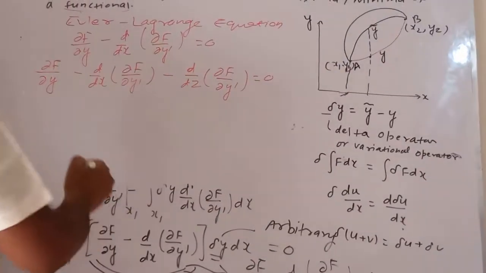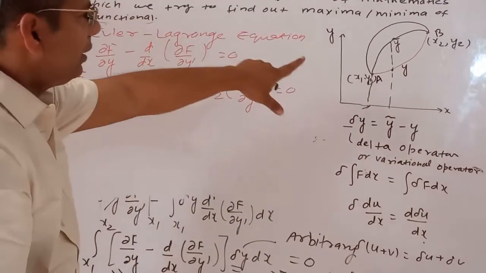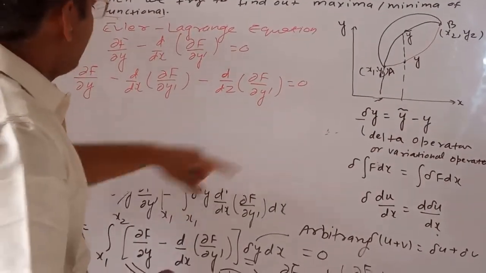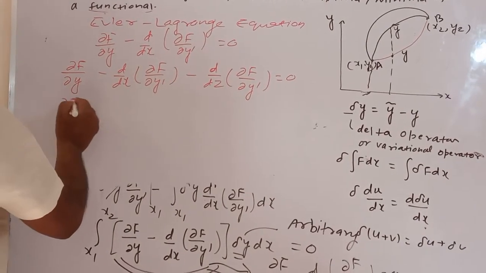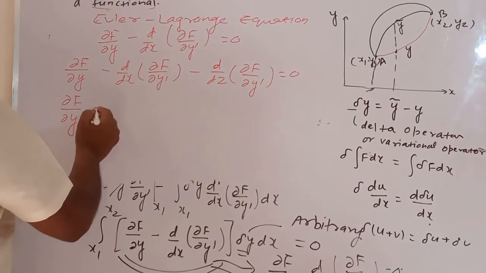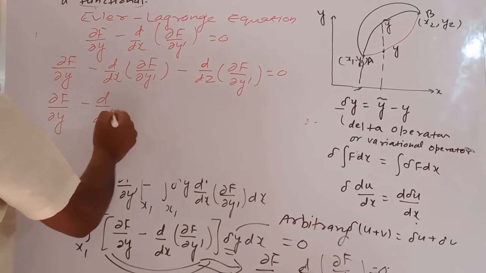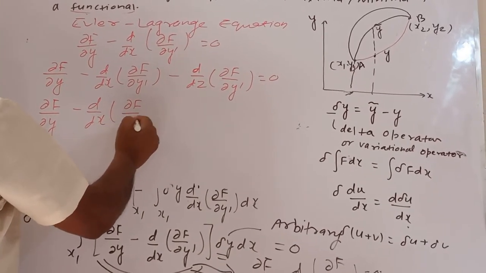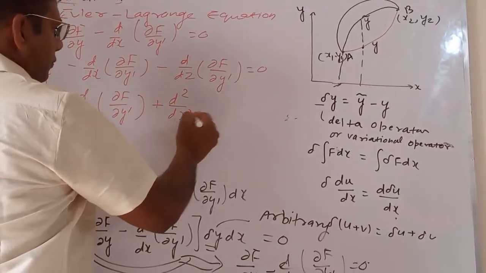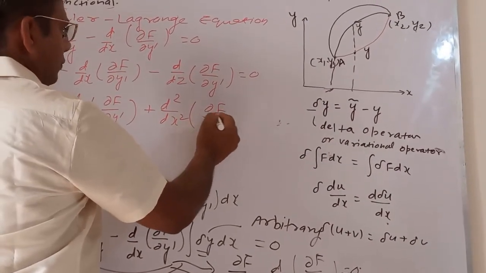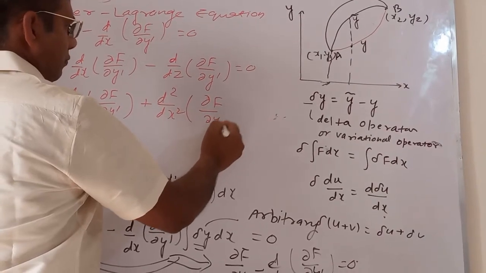And suppose we are having only first order here, y dash. Suppose we are having y double dash also, then it will be 0.